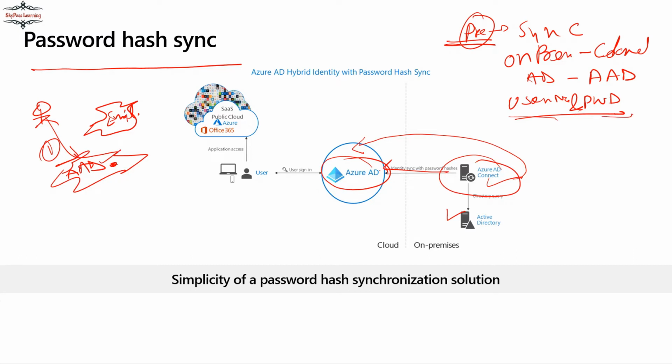So the authentication will be done from here, and the user is able to access the service as step number two. It's a direct authentication handled by Azure Active Directory because the data is already synced from on-prem to cloud. This is the first one, the password hash synchronization authentication.